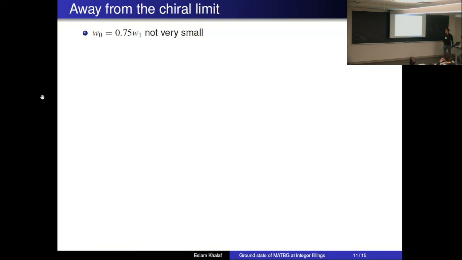Now we consider the next effect, which is what happens when we take W0 to be the realistic value. I mean, the fact that W0 is 0.75 W1 means it's not really a small perturbation. We cannot just add it perturbatively to the chiral limit.